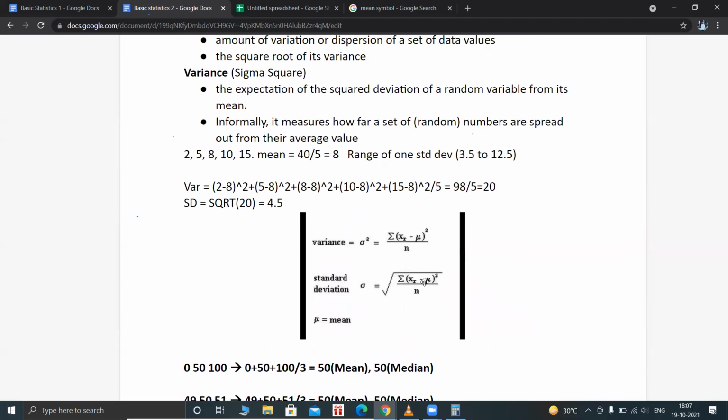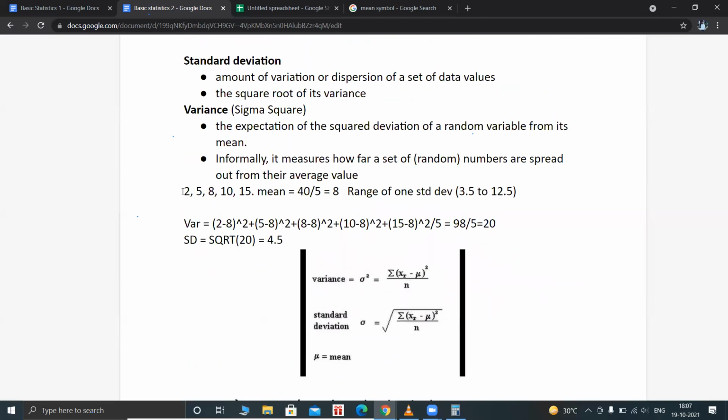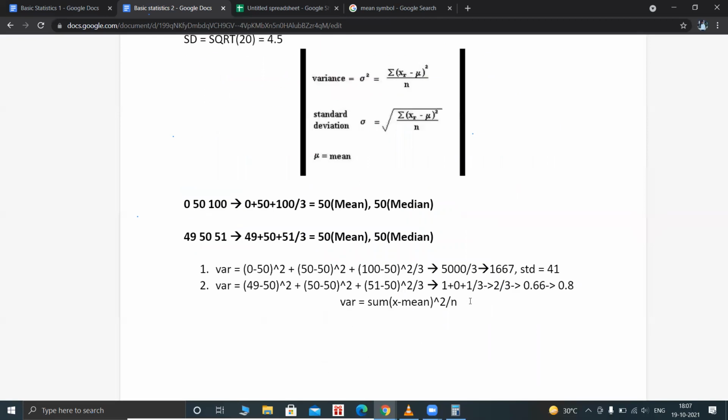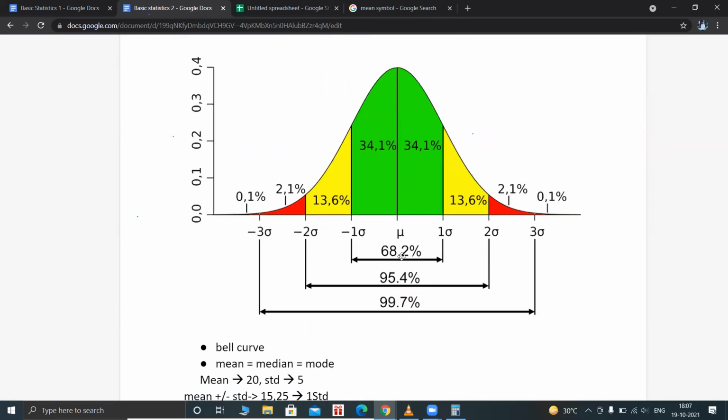So now, as you can observe, 68% of the data lies between 3.5 and 12.5, because that is one standard deviation.